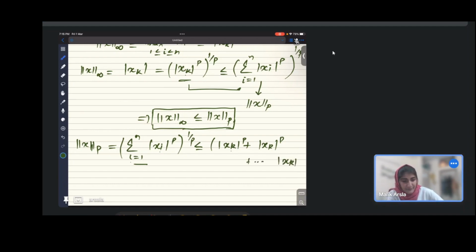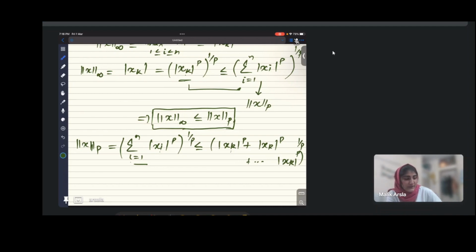Since xk is the maximum among the vector we are being given, the sum is less than or equal to x1 to the power p plus, and so on.